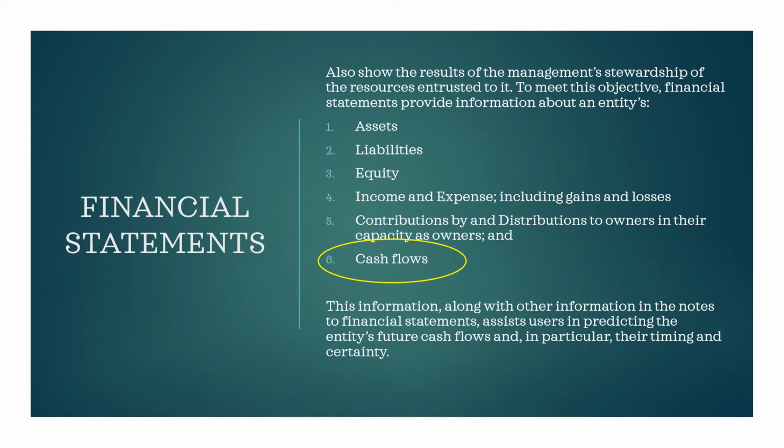So it's basically the movement of your cash going in and out of the entity. So pag bumili ka kunwari ng isang equipment, ibig sabihin, magkakaroon ka ng equipment, mawawalan ka ng pera. That's a cash outflow sa company mo.